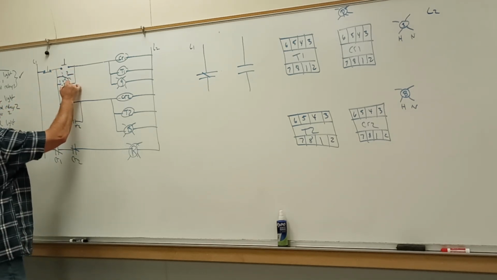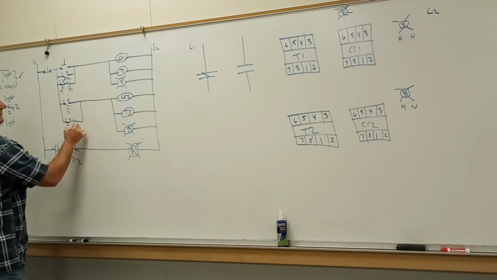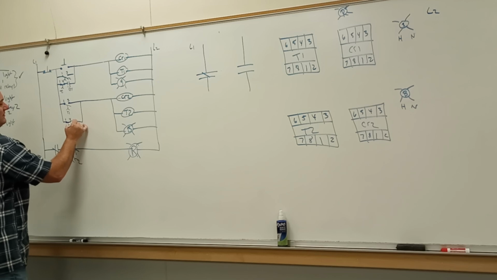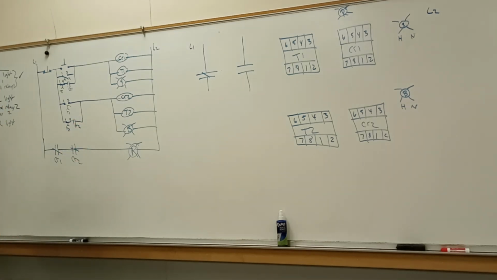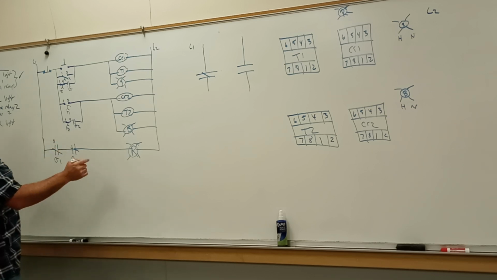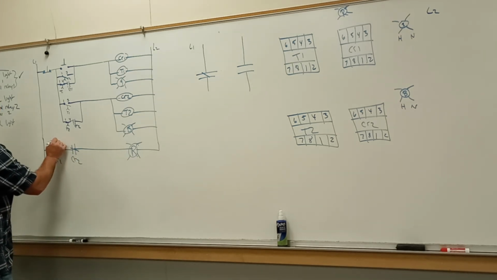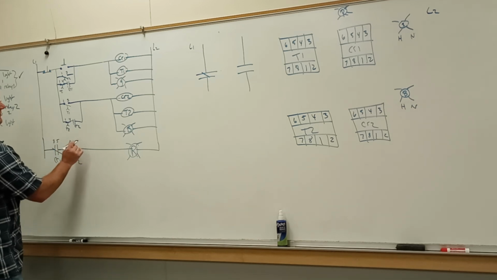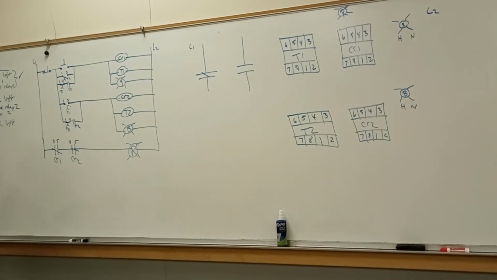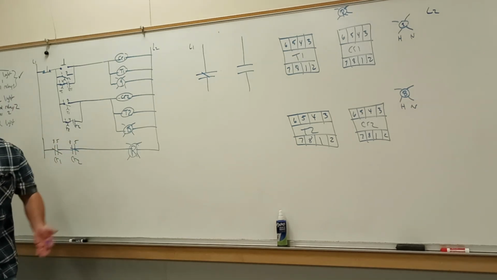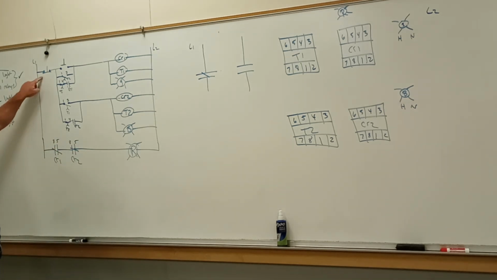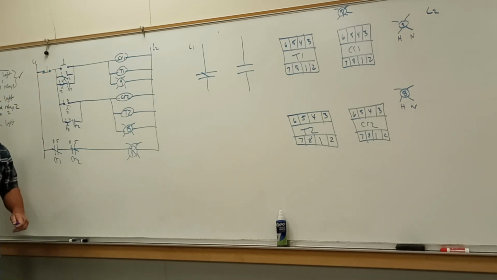Control relay 1, 1, 3. Control relay 2, terminals 1, 3. And down here, when I do these, I'm going to make this 8, 5, 8, 5. So now when I look at this, to me, there's not even a thought process, because you do wire by wire and you've identified each of the terminals.